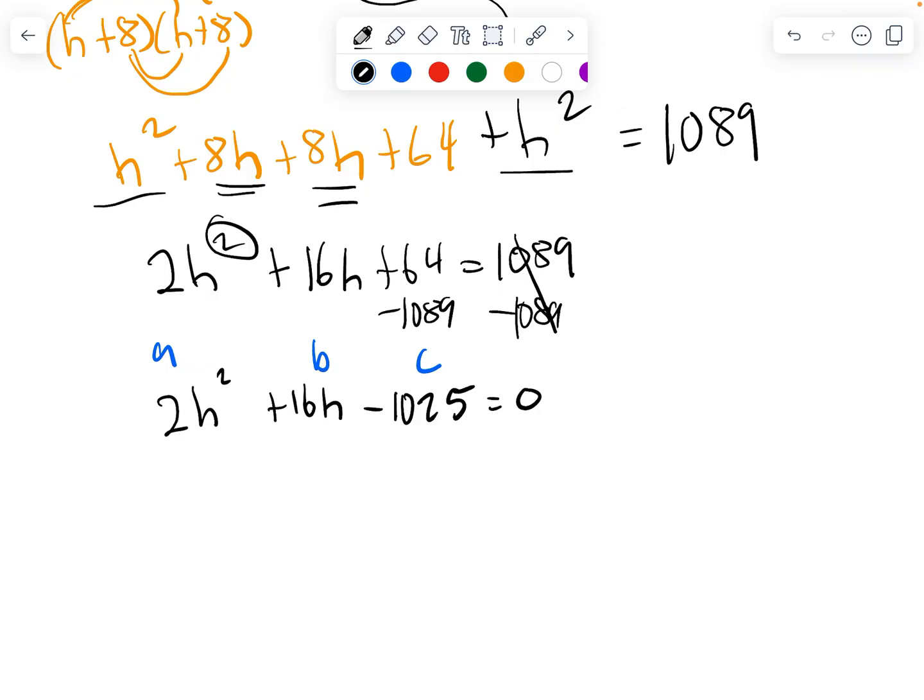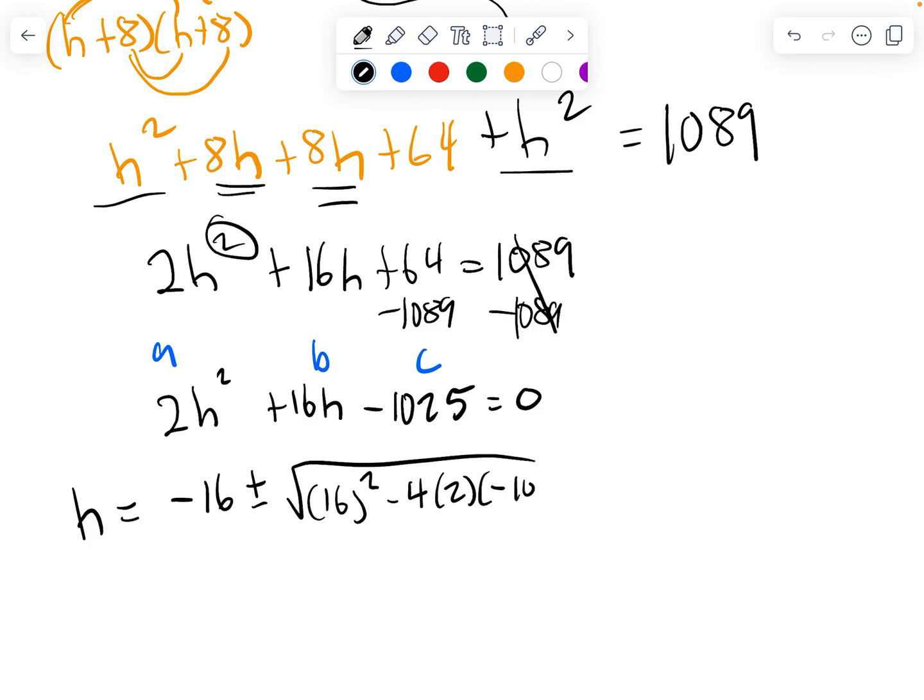Now we have our a, b, and c terms here. So h equals negative b plus or minus the square root of b squared minus 4 times a times c all over 2a.